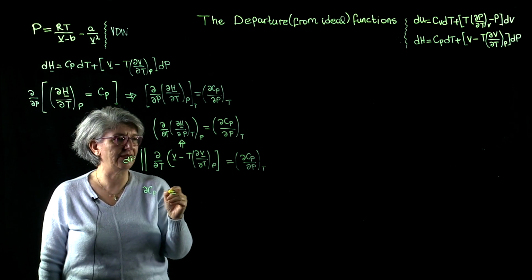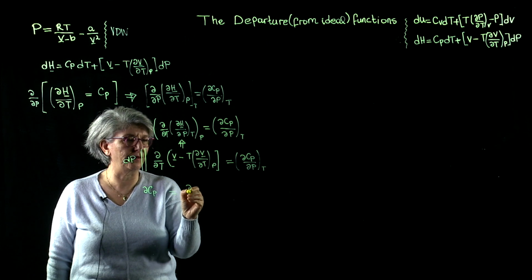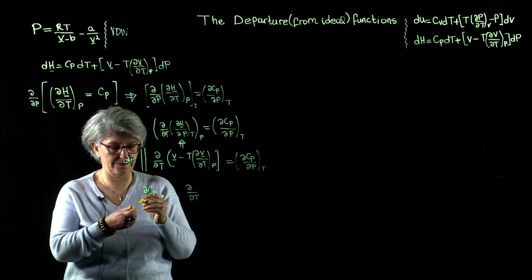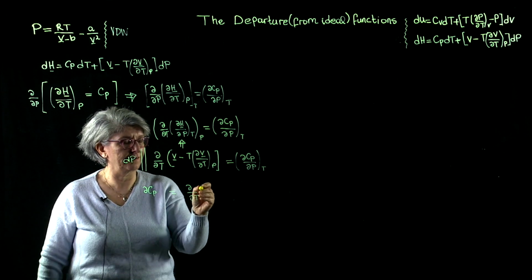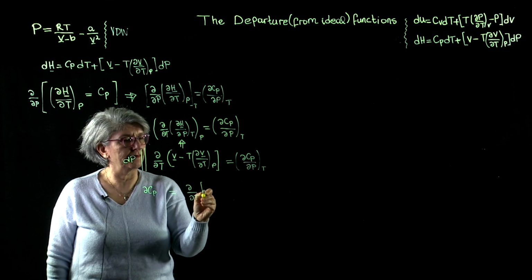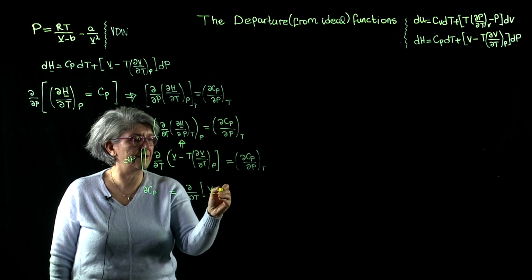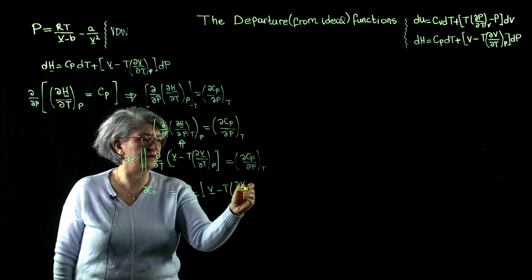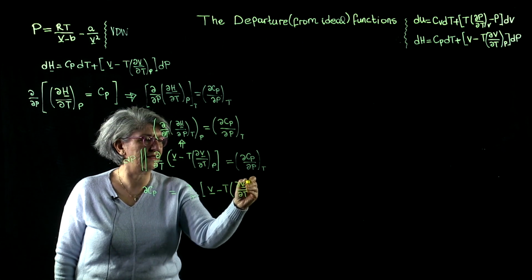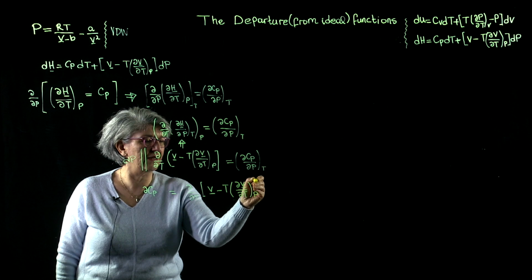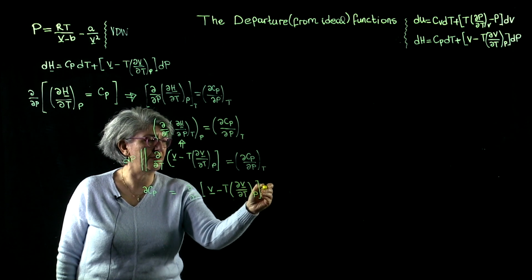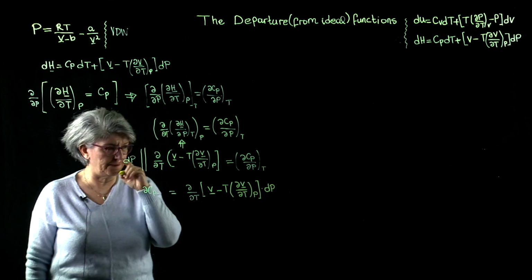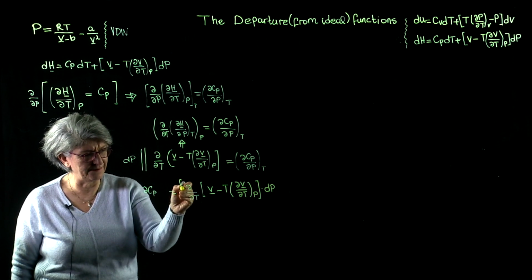On the other side, I have del over del T of V minus T del V over del T at constant P, times dP, integral.